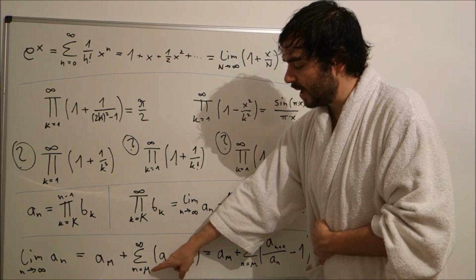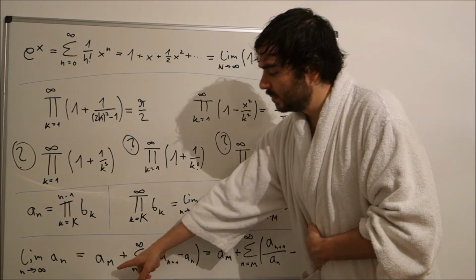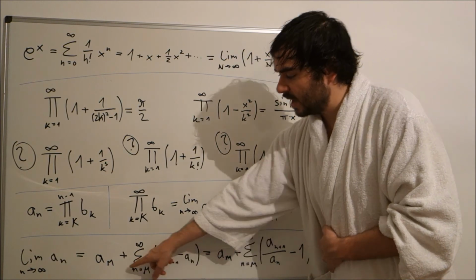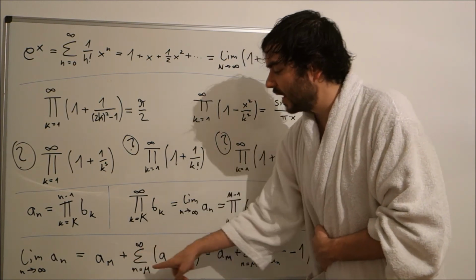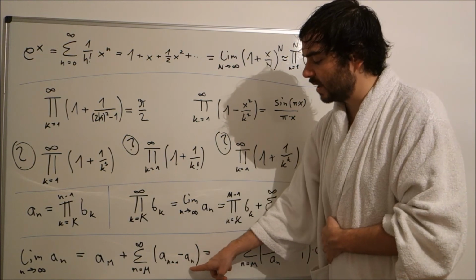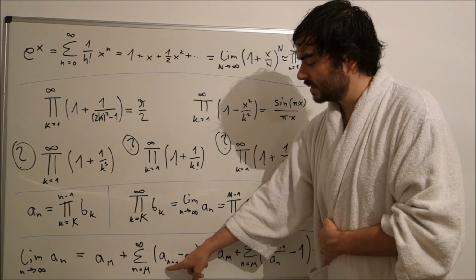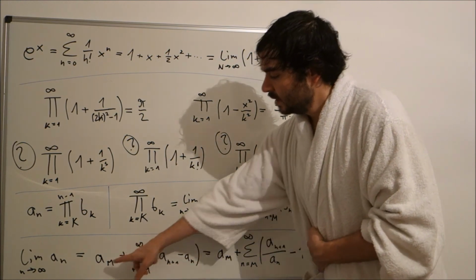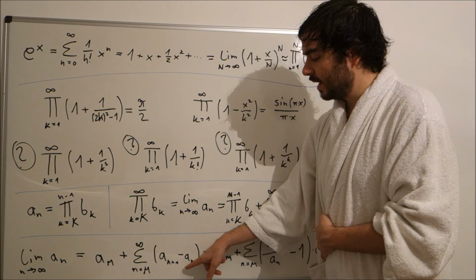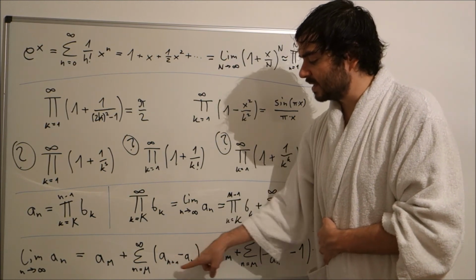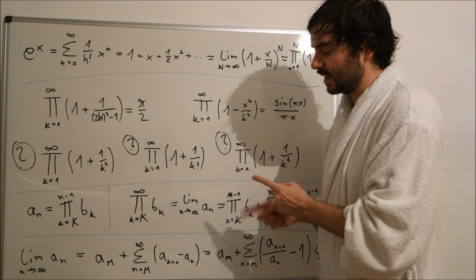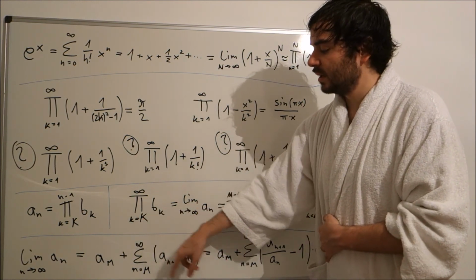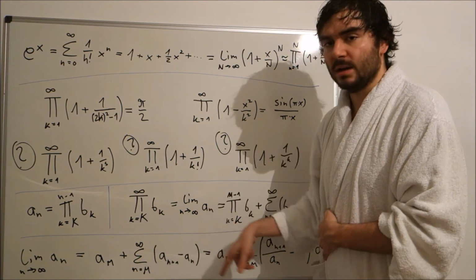So let's say I go from m to m plus 5, and m is 5, then a5, the sum over a6 minus a5, a7 minus a6, a8 minus a7, and so on. You see, this term cancels with that term, and that term cancels with the next one. So you have this kind of cancellation, and what remains is really just the biggest number you end up with.